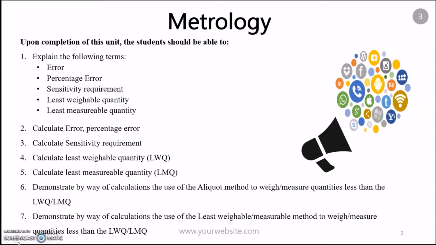And we're going to apply all of these concepts now to demonstrate by way of calculations how to use the aliquot method or the least weighable method to weigh or measure quantities that are less than the least weighable quantity or the least measurable quantity.